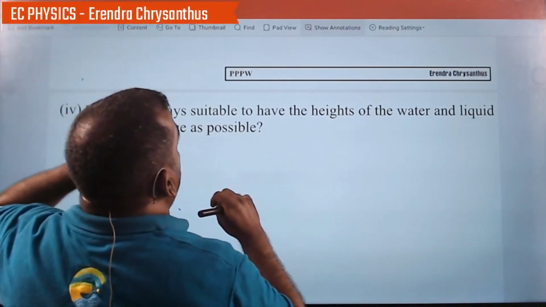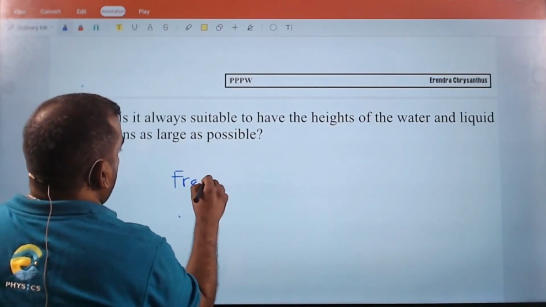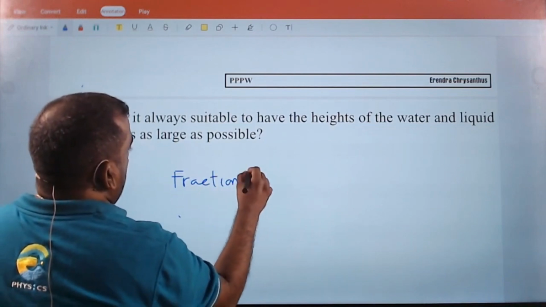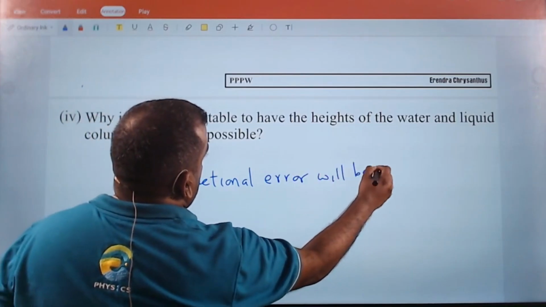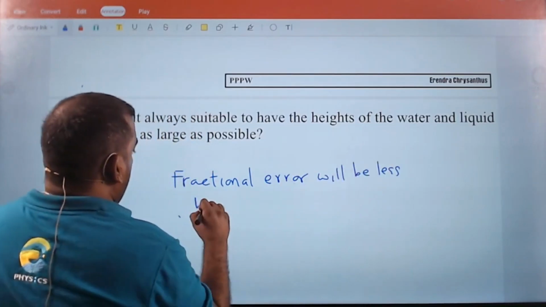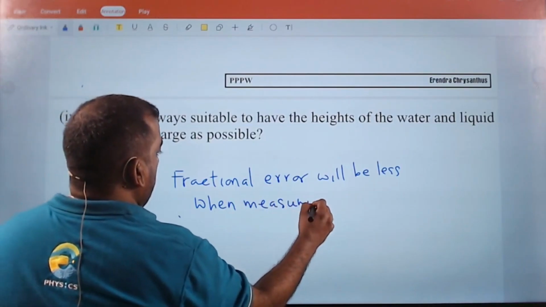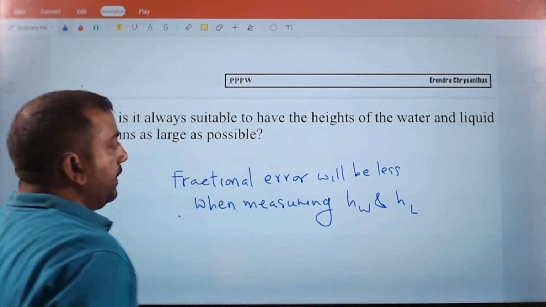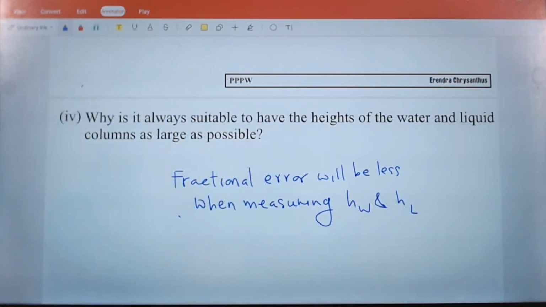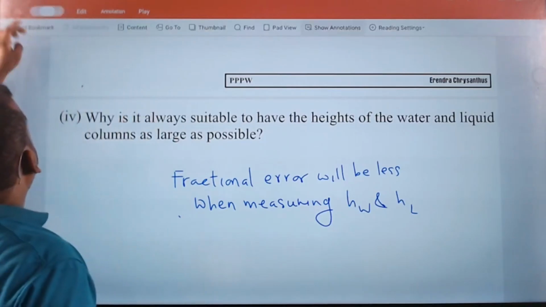The fractional error will be less when measuring HW and HL. So the fractional errors will be less. Okay. Right.